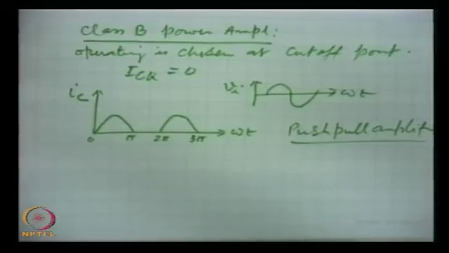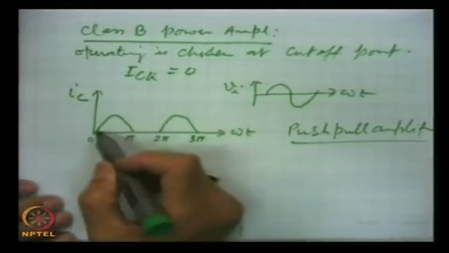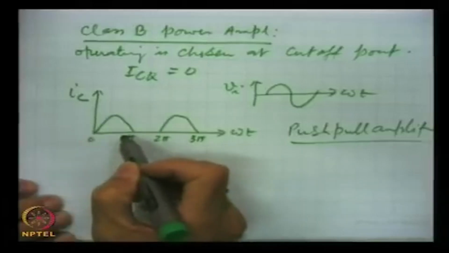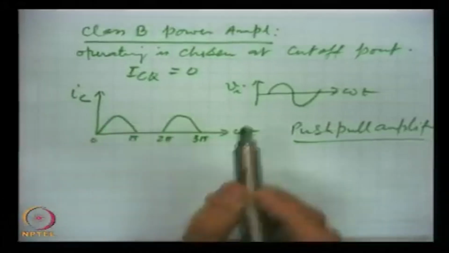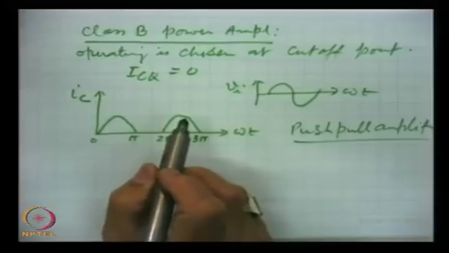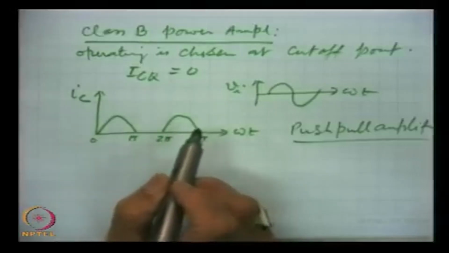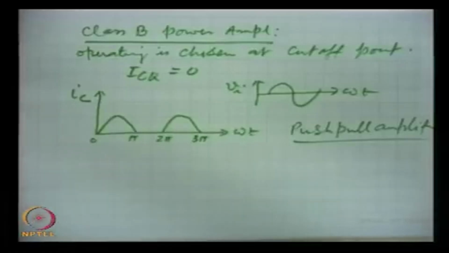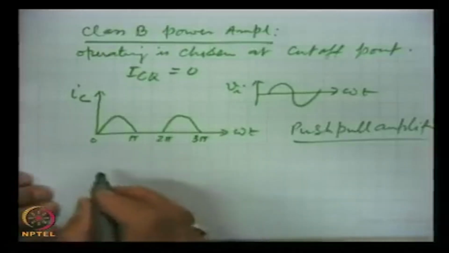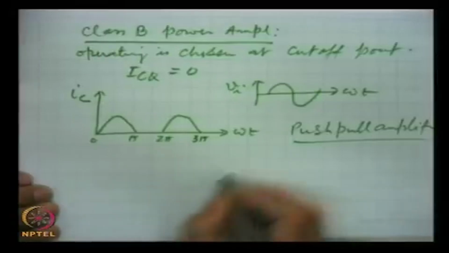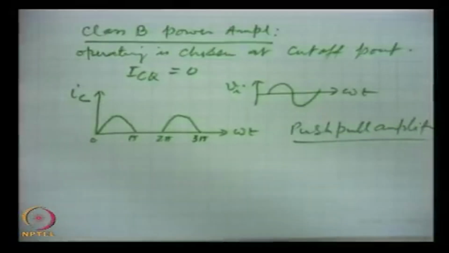So, the upper half is available from one of the transistors and the lower half from the other transistor. That way the output finally will be the complete wave.